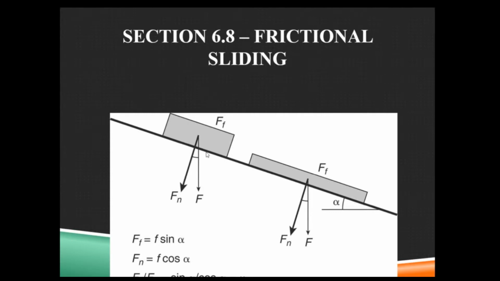That's why these force arrows are the same length, because they're the same force, they have the exact same amount of friction. They're going to slide or not slide at exactly the same moment. So it's not the contact surface area that's important, it's the force.